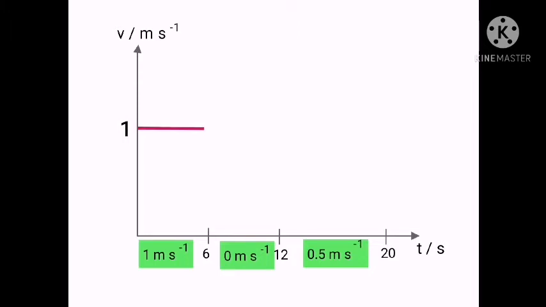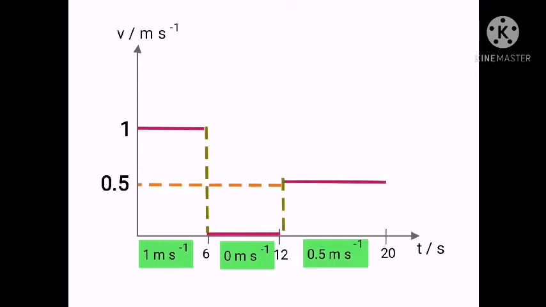And from 6 to 12 second, the velocity was 0 meter per second. And from 12 to 20 second, the velocity was 0.5 meter per second. So this is my velocity versus time graph.